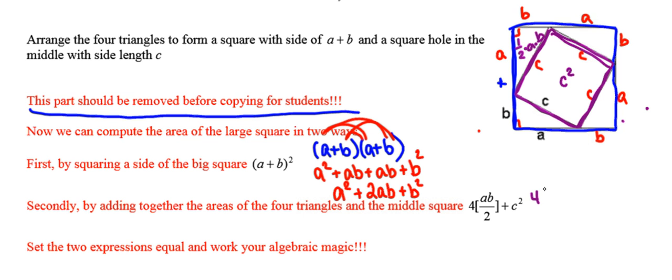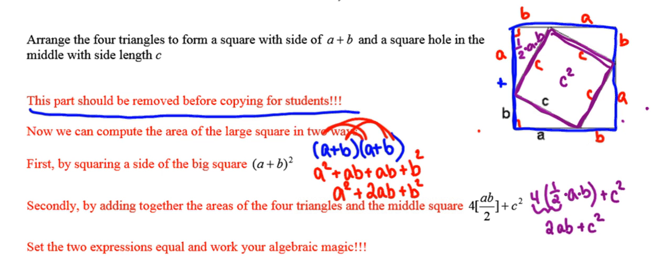So I've got 4 of the 1/2 times A times B plus C squared. Well, 4 times 1/2 is 2. So 2AB plus C squared.